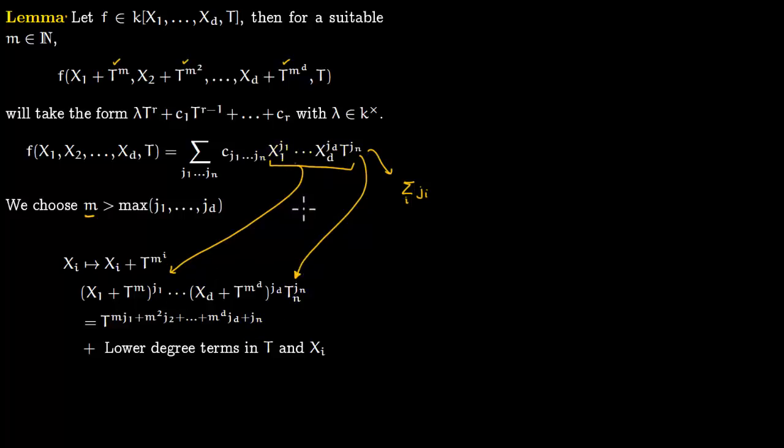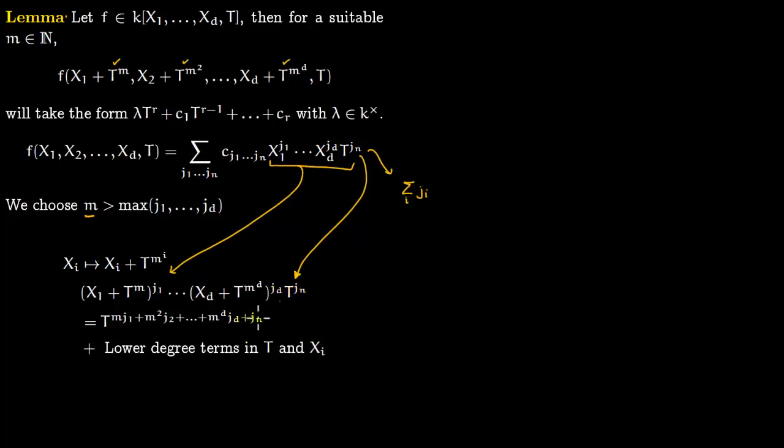So notice how we have changed the variable. Now this m is the maximum of everything here, and so this is m to the i. So now if you expand it, you will have t to the m j1. This will come from here. Then from the second term will come m squared j2. From here will come m to the power of d jd, and this jn will come right here.